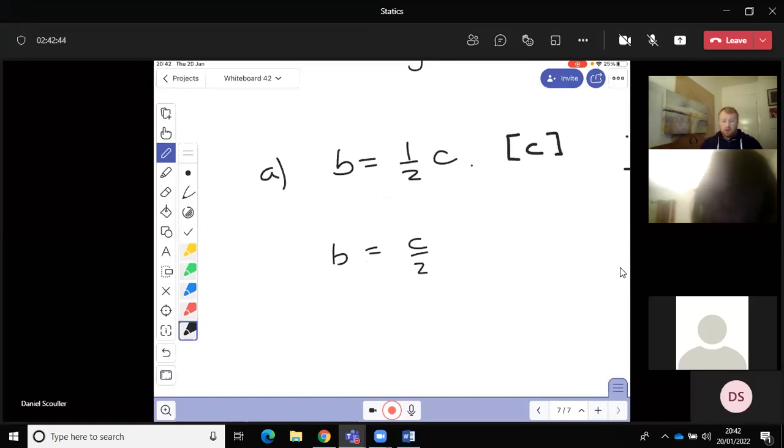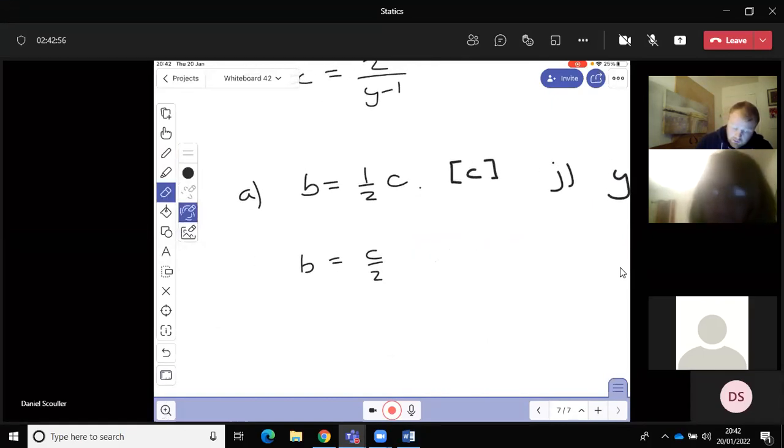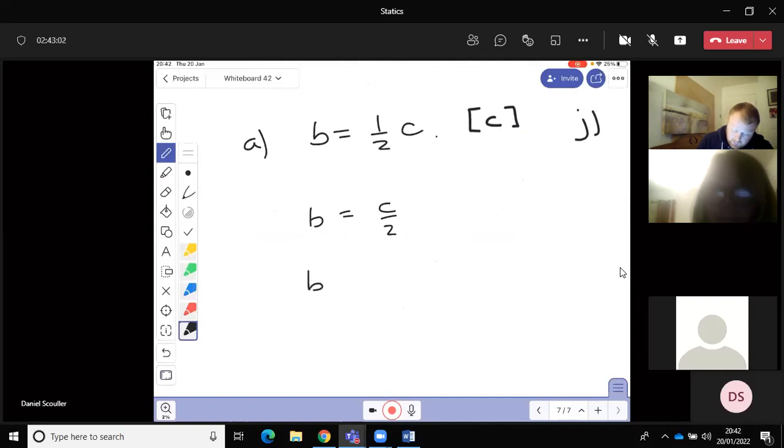Essentially, B equals a half multiplied by the variable C. We can write that any of those three ways.